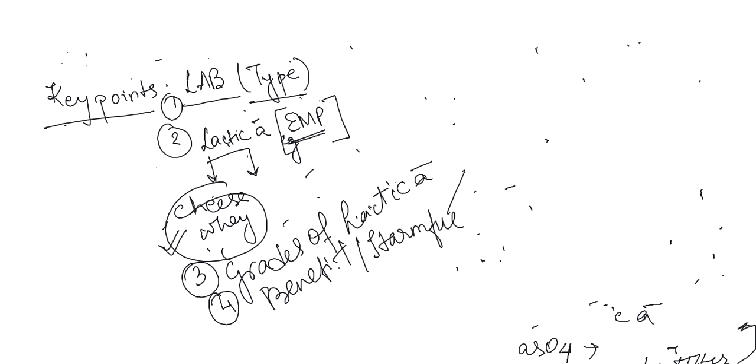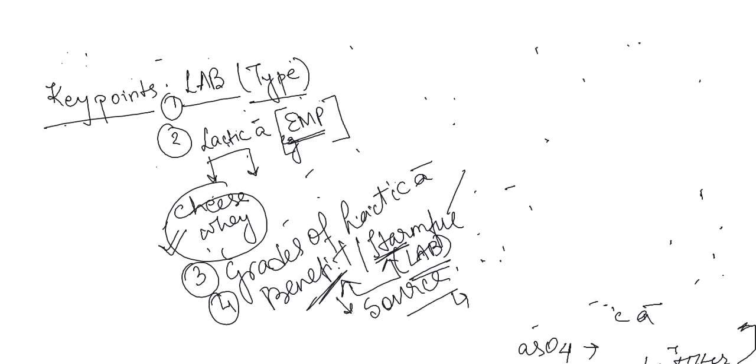Besides this, what are the applications of lactic acid, where all you can use it, and the source from where you are getting lactic acid, mainly the dairy products. These are the things you should focus on, which will serve the purpose of this particular lecture.